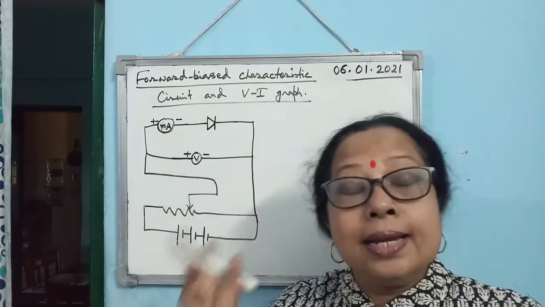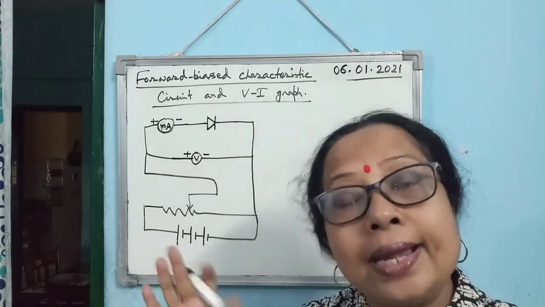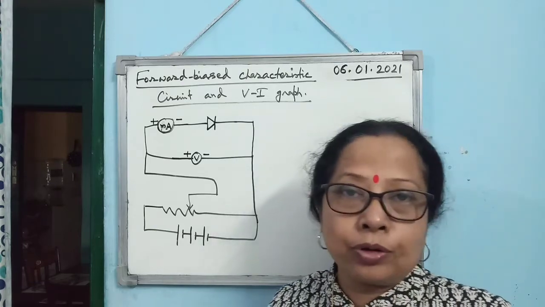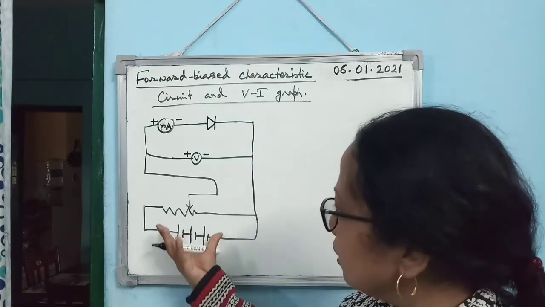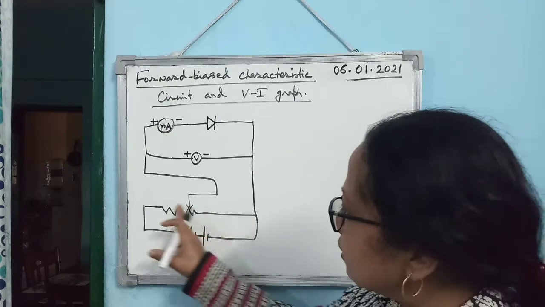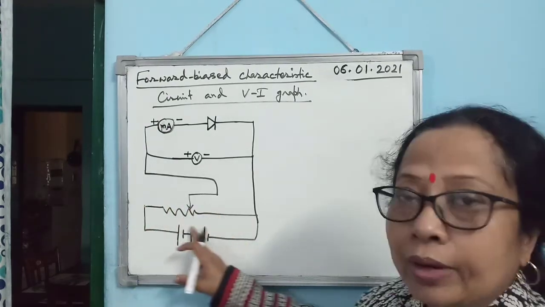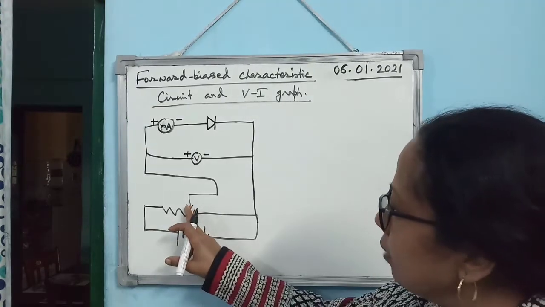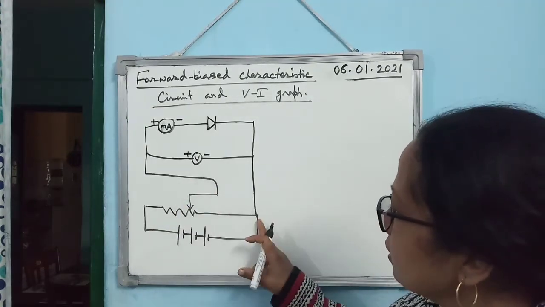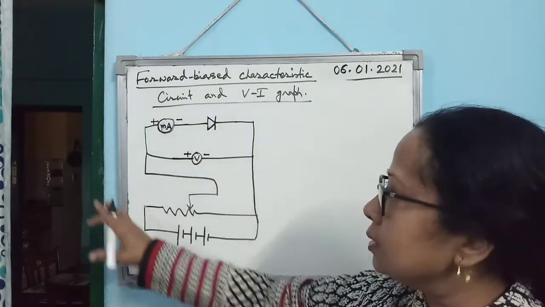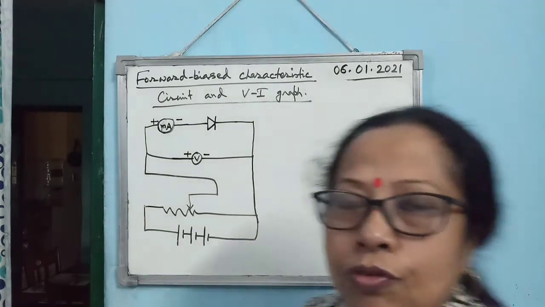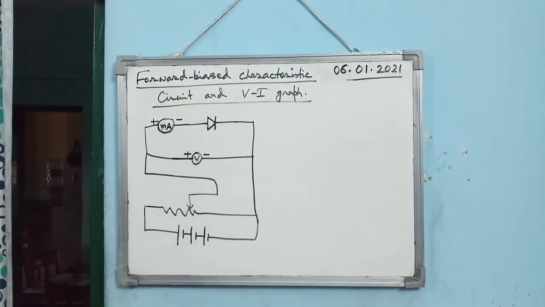Then you need to vary the current as well as the applied potential. How can you do it? By using a potential divider. This is a potential divider, a battery connected with a variable resistance, and it has two terminals. This is the variable terminal and this is the fixed terminal. So this is the circuit connection for the forward biased characteristics graph.